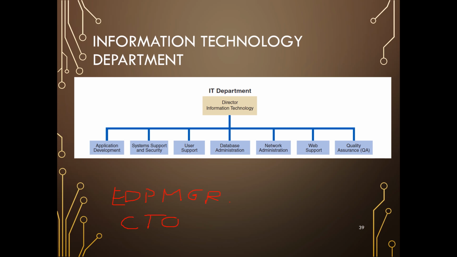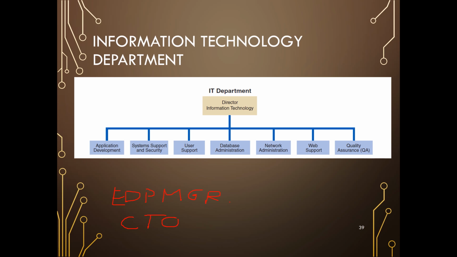Under the director of IT, we need to have the roles of application development, system support and security, user support, database admin, network admin, web support, and QA, or quality assurance. These are the roles in each IT department. But if you look at the organization chart of the IT department of a real company, they may not have every block that I show you here.